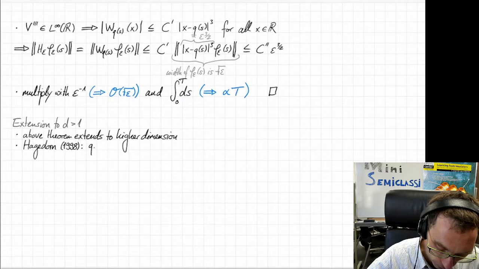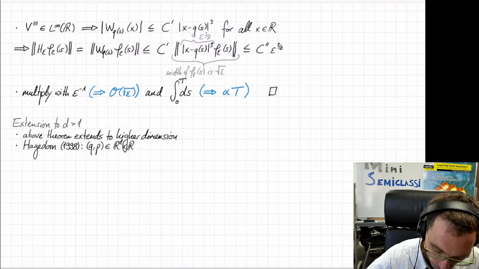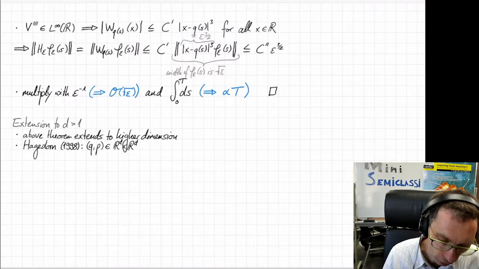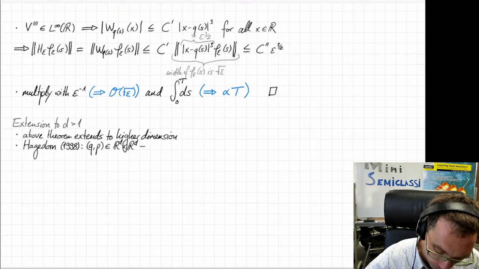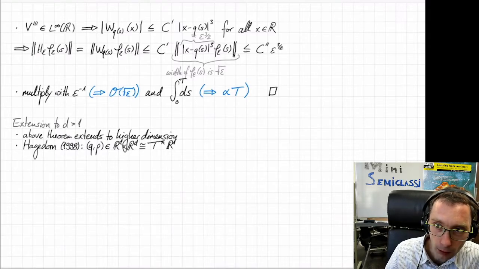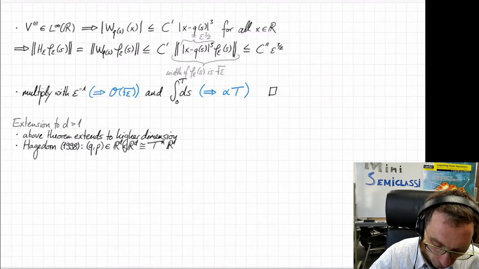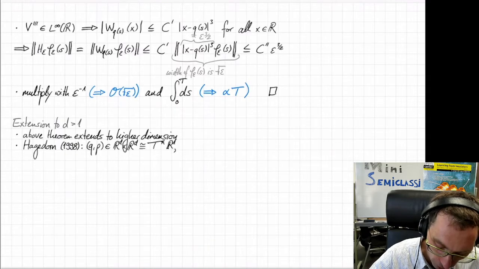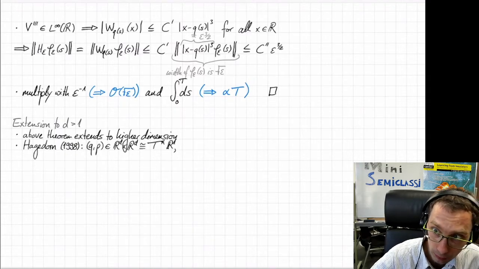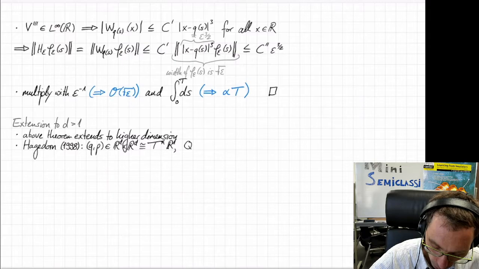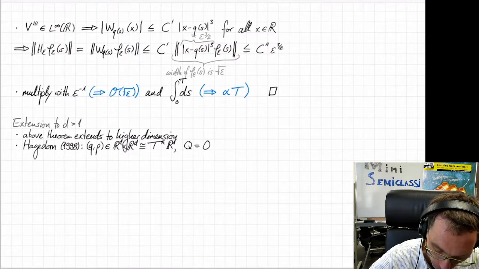In addition to Q and P, which are your phase space variables, so this is from R^d cross R^d, or if you want to be conceptual about it, the cotangent bundle of R^d, he has in addition two d by d matrices, which are real symmetric.